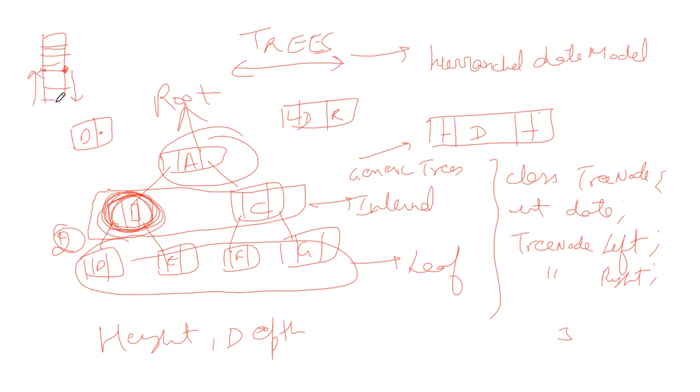Although they are the same in this case, there may be differences. For example, height of B is the distance of the starting node, which is the root, till this node, which is 2, and depth is the distance of the leaf node till this node, which is 2. So this is what we discussed overall.